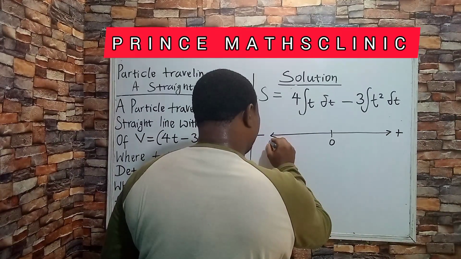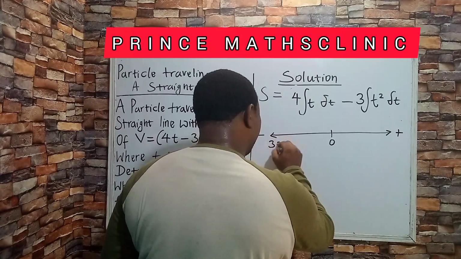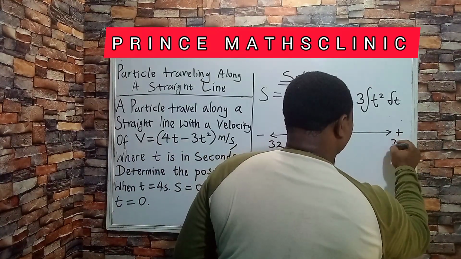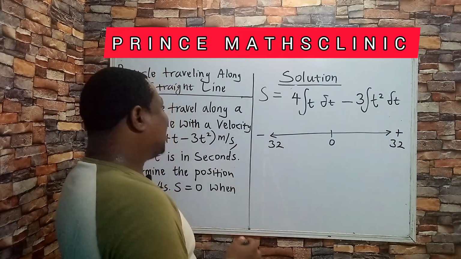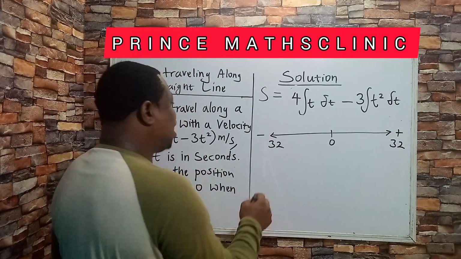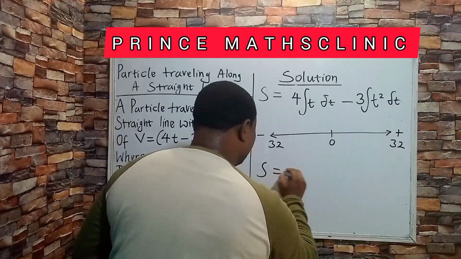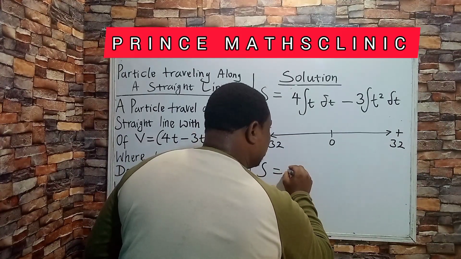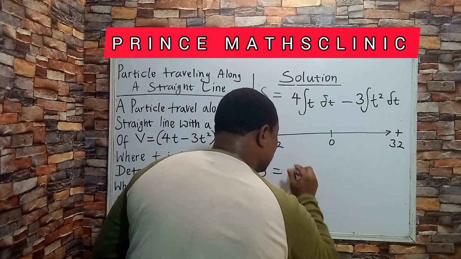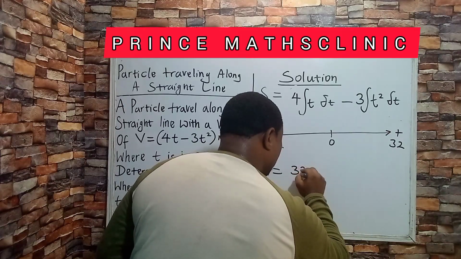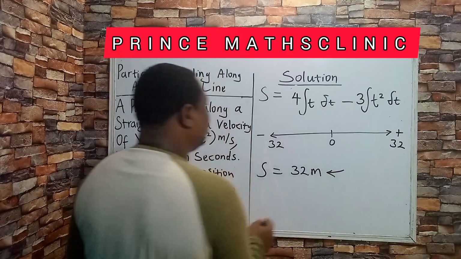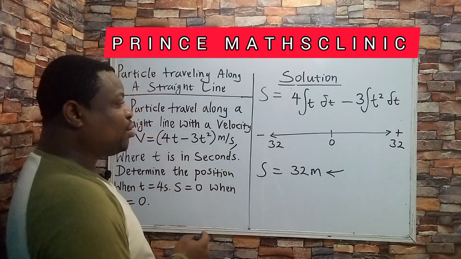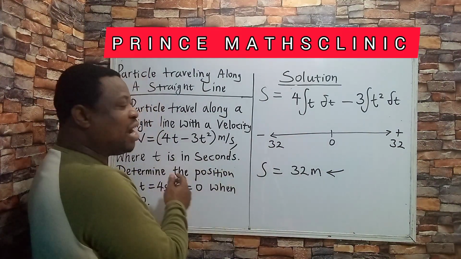So assuming you have your negative 32 here, then you have your positive 32 here. It means that the particle traveled, you say your S is 32 meters, then you put a direction. Because it is minus 32, it traveled in the negative direction.